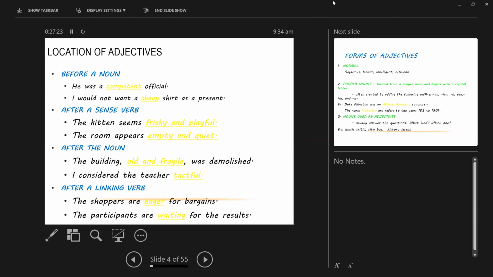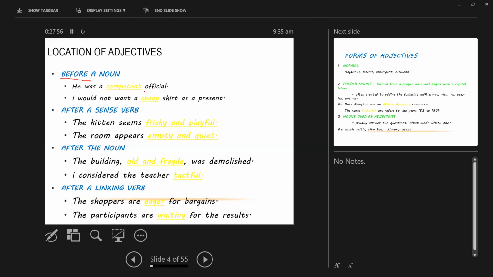All right, so first, they can be found before a noun. Before means bago. Okay. So here it says, he was a competent official. Nababasa niyo ba? Or because it's yellow, you can't read it so well? Okay, I'll just read it for you. He was a competent official.